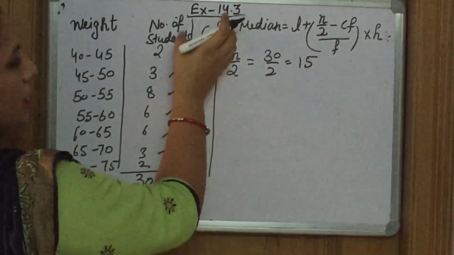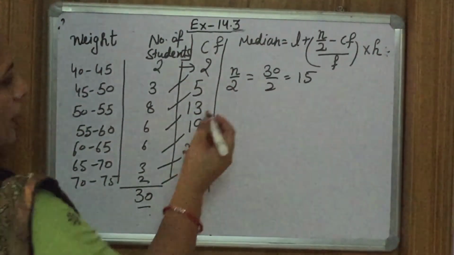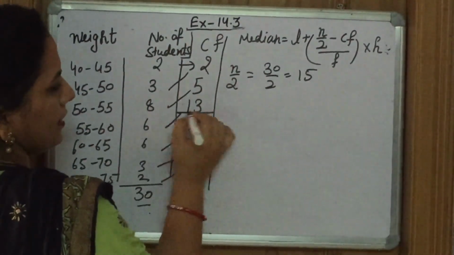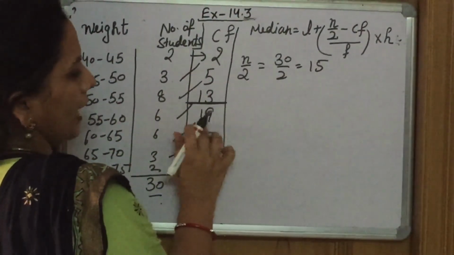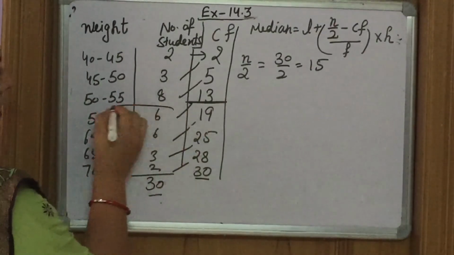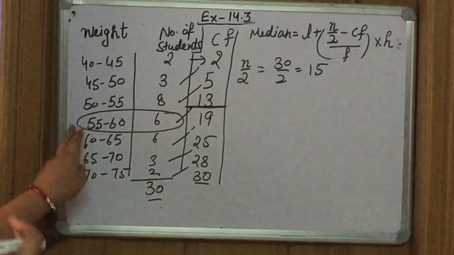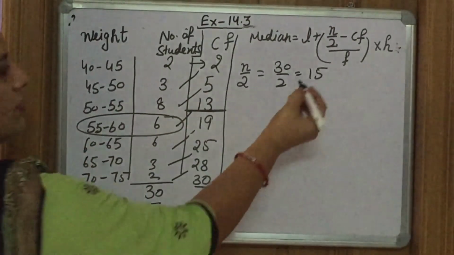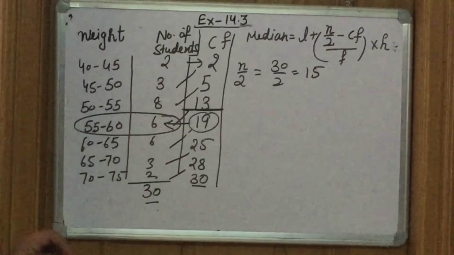Now find in the column of CF in which row it will lie. As we can see, it is above 13. So 15 lies in 19. So this is our main row, 50 to 60. This is our median class because 15 lies in this term. So this is our median class.